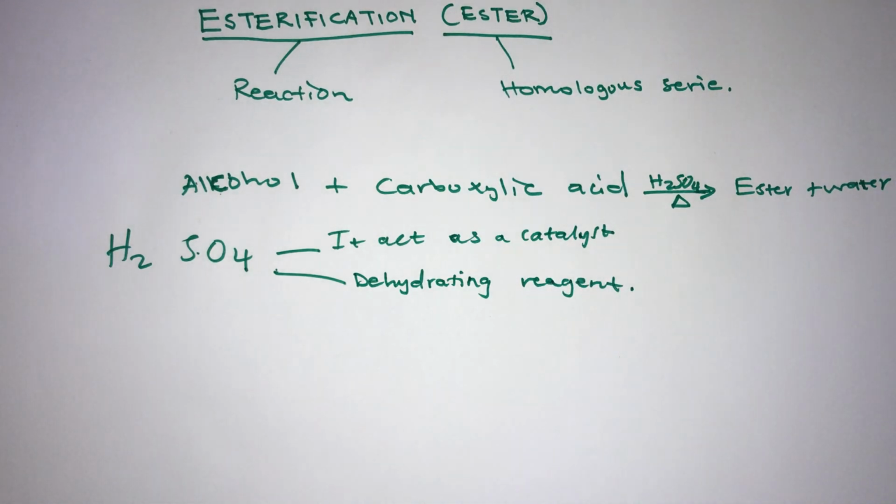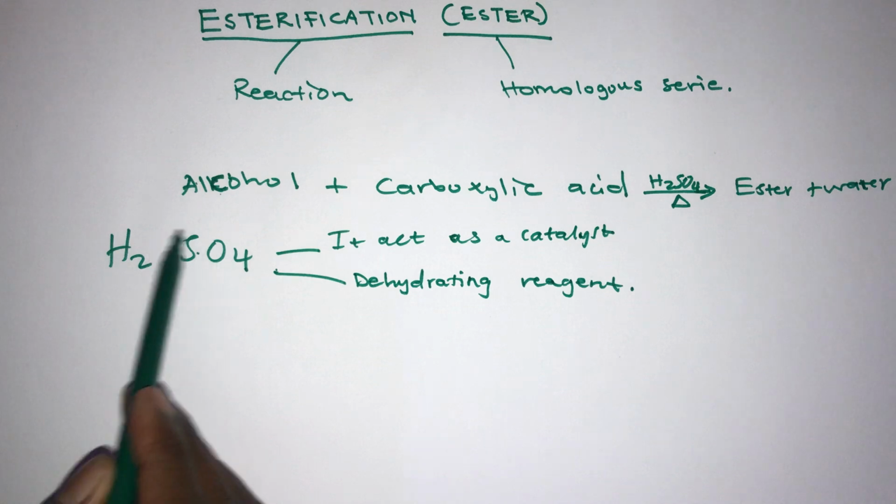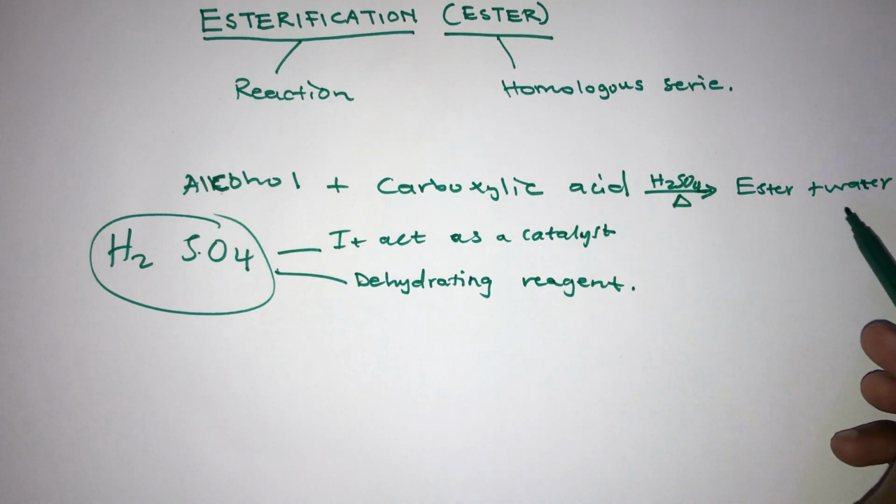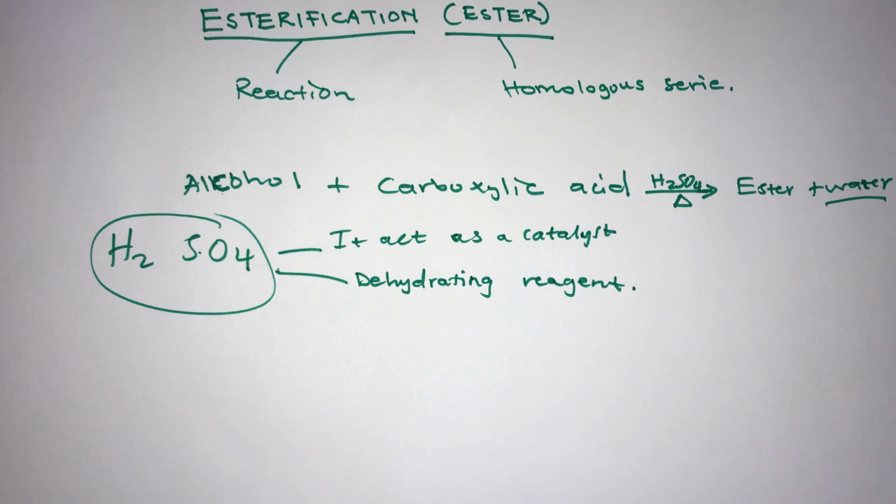These are the functions of the sulfuric acid. Why a dehydrating reagent? Because at the end of the reaction, one of the products is going to be water, so it will remove water from the reactants.